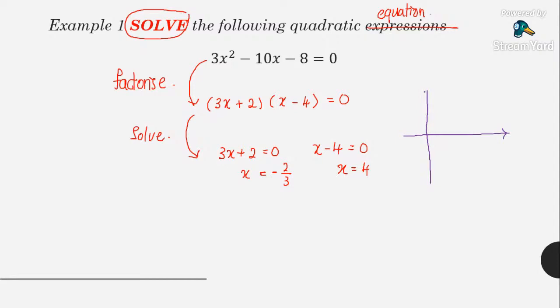This is a positive quadratic, so it's a smiling face looking like this. Then I have 2 points of intersection. The first one is -2/3. The second one is 4. These two are the solutions of the equation, or the roots, or the x-intercepts. They all have the same meaning.